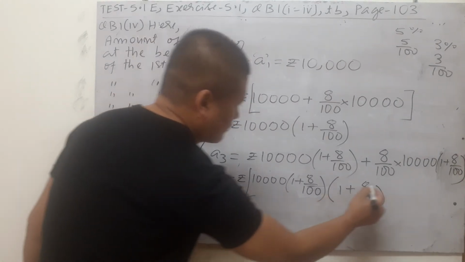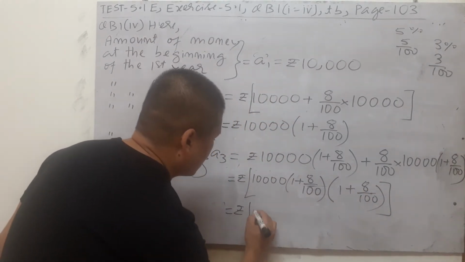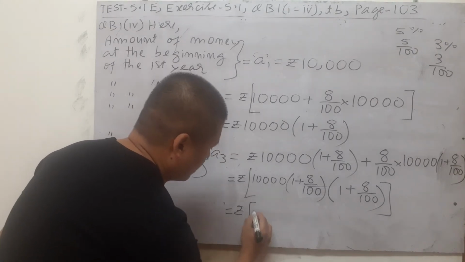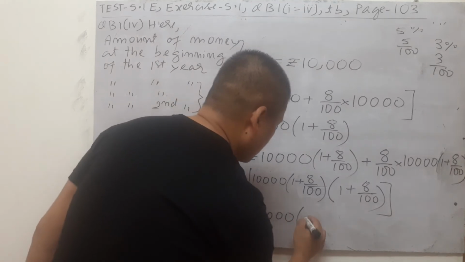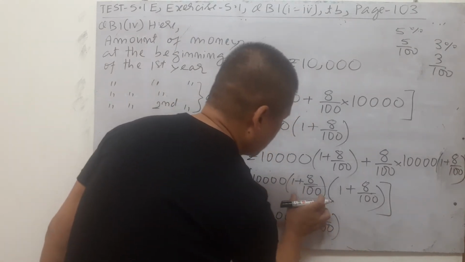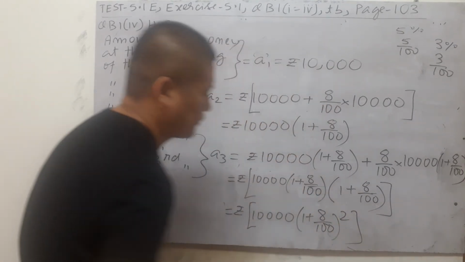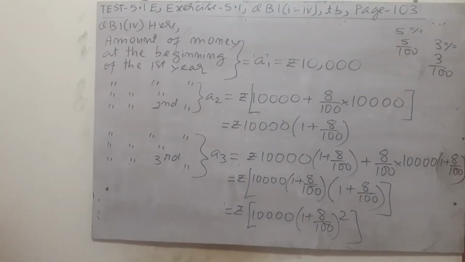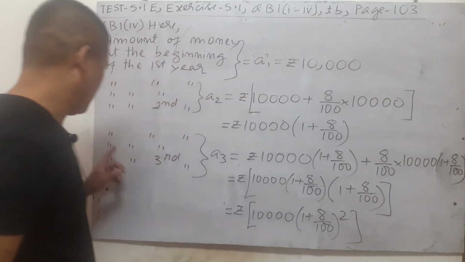So if you rearrange this, you're going to get here rupees, no need of this bracket but you can put it if you want, 10,000. I'm keeping it in a comparable form: into 1 plus 8 by 100 into 1 plus 8 by 100, which means square. Then I need one more. Similarly, you can write down the same thing here, like this.